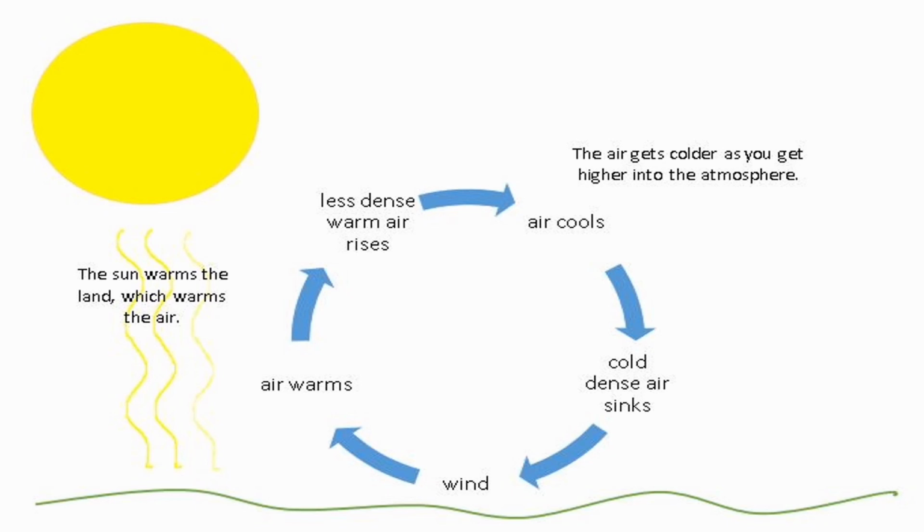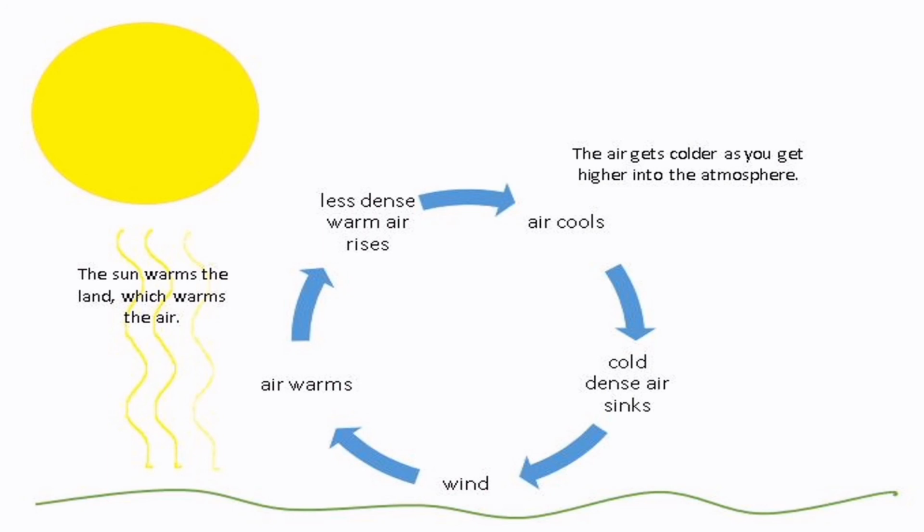Air moves from the regions of high air pressure to the region of low air pressure. The greater the difference in air pressure, the faster the air moves. Thus, wind currents are generated due to unequal heating of the earth.